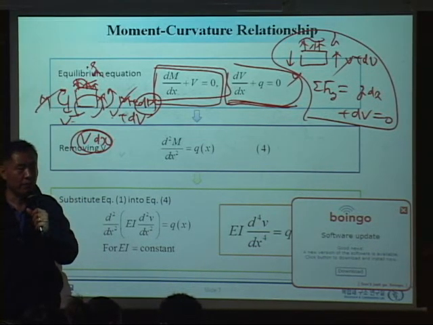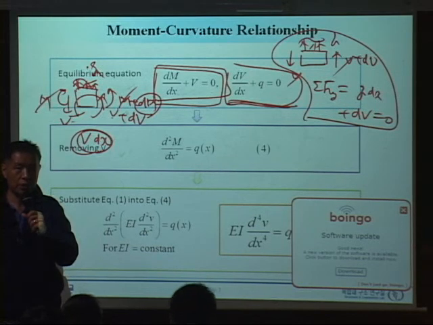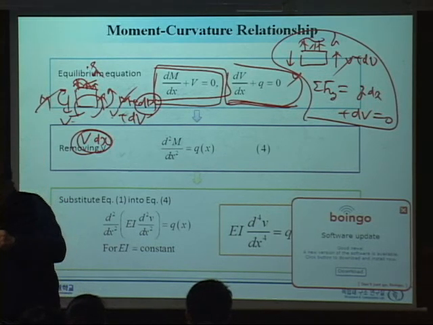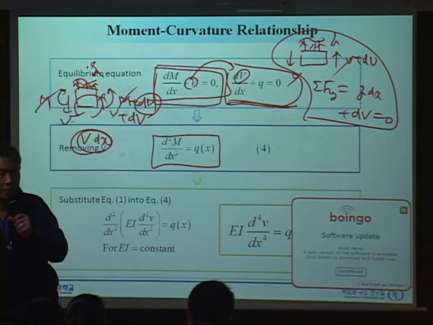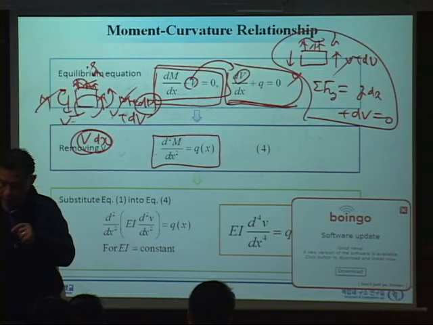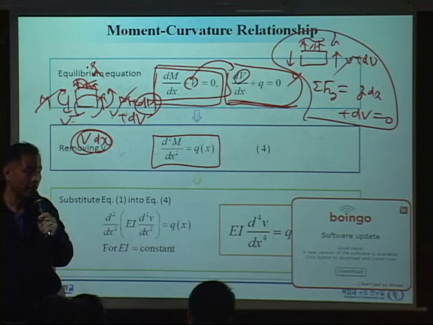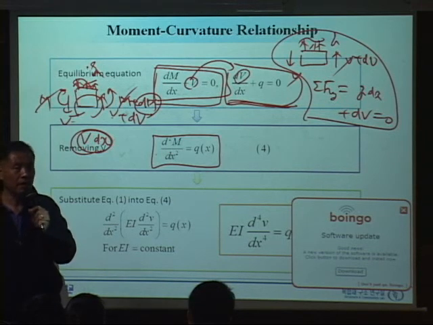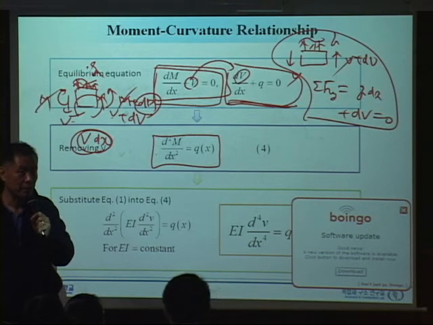Now, if we combine these two equilibrium equations, eliminating this V here, and this V, we put it here, then we can have this equation, right? So the moment is given in terms of a differential equation: the second derivative of moment equals q(x), and q(x) is a function of x, right?